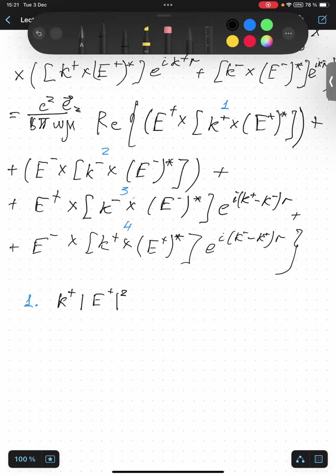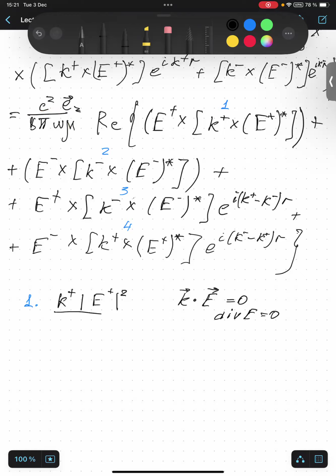But you just simply use the BAC minus CAB, and we also know that K scalar product E is equal to 0 from Maxwell's equation, since we have divergence of E equal to 0.